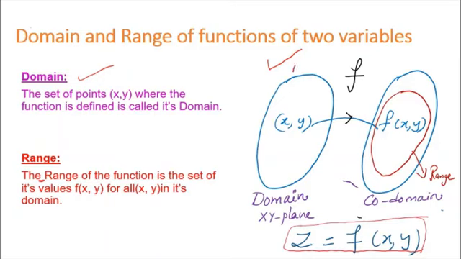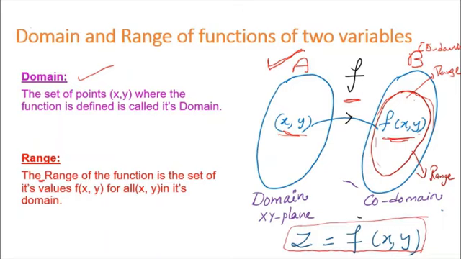If I say this is A, then this is the set of all those ordered pairs x, y, because there are two variables, and f is a function from the set A to B, where in B you have the image of (x, y) as f of x, y. So here A is called the domain and B is called the codomain. Only the set of all those which are the images is called the range.